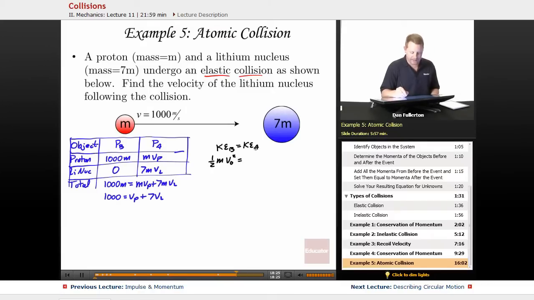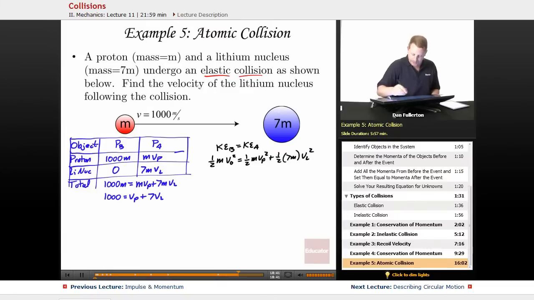That must equal the kinetic energy after. Now both of these are in motion. So that's going to be 1/2 m times Vp squared plus 1/2 our 7m, our lithium nucleus, times its speed squared.